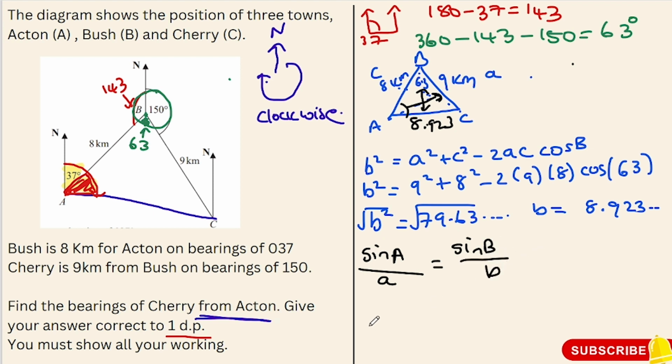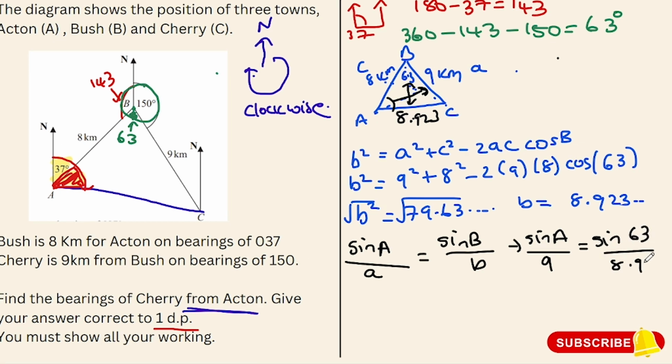So I'm going to rewrite this: sine A over 9 equals sine B, which is 63, over 8.923. The next thing I'm going to do is multiply both sides by 9. If I multiply both sides by 9, these two cancel out.